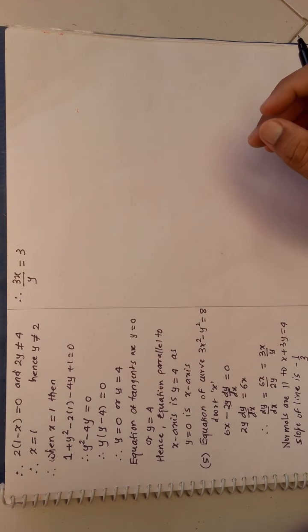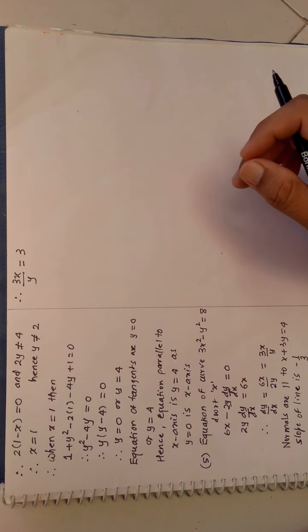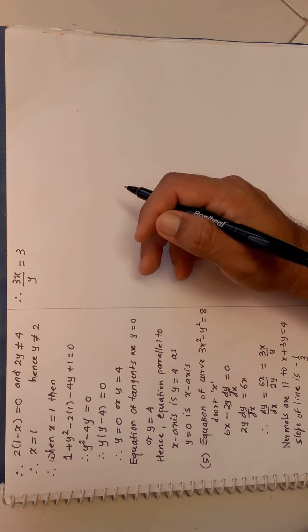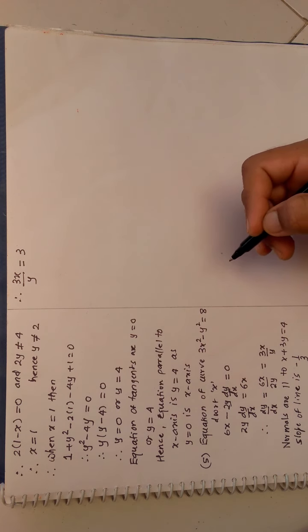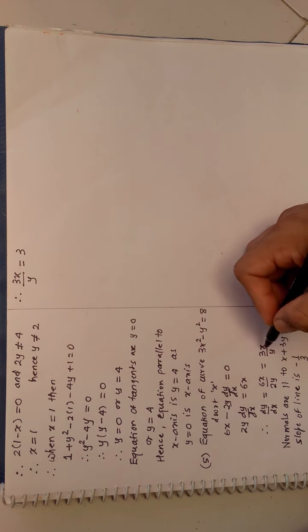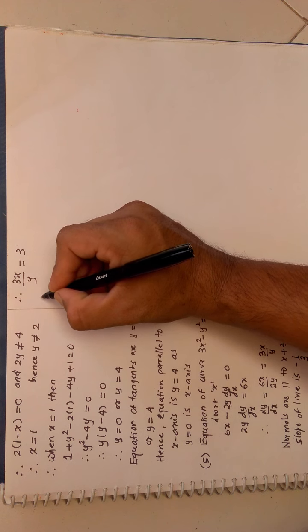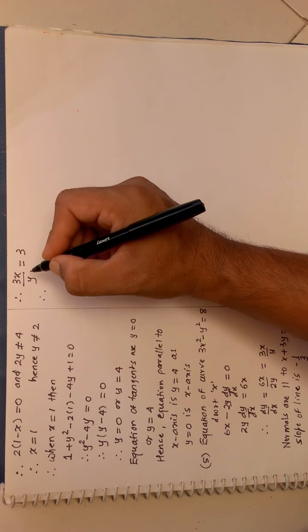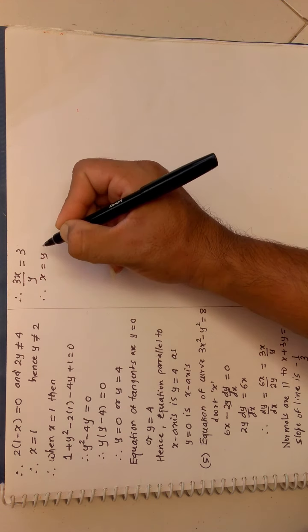Now the slope of the tangent is already obtained as 3, and you have the slope of the tangent as 3x upon y. So on solving this, 3 gets divided off, so you get x is equal to y.